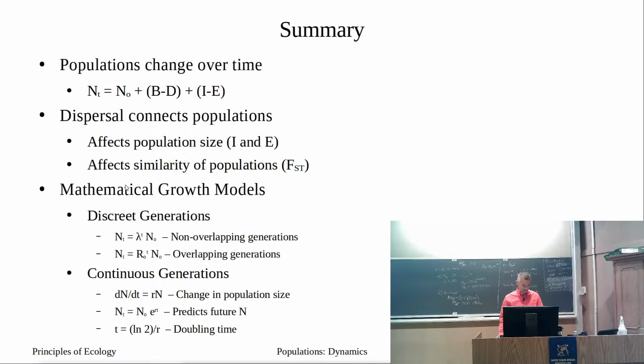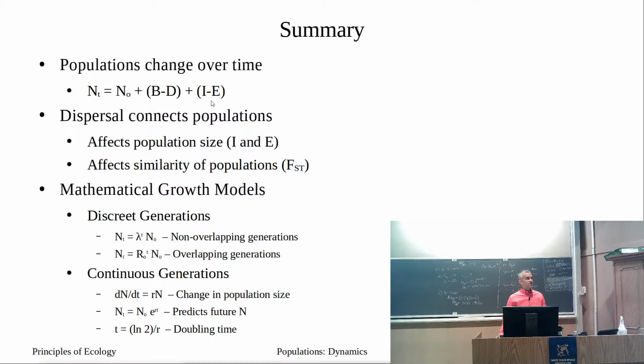All right, so, a summary of this. Populations change over time. We knew that. Populations change over time because of different processes, but the main ones are births and deaths, and immigration and emigration. Births and immigration add individuals.